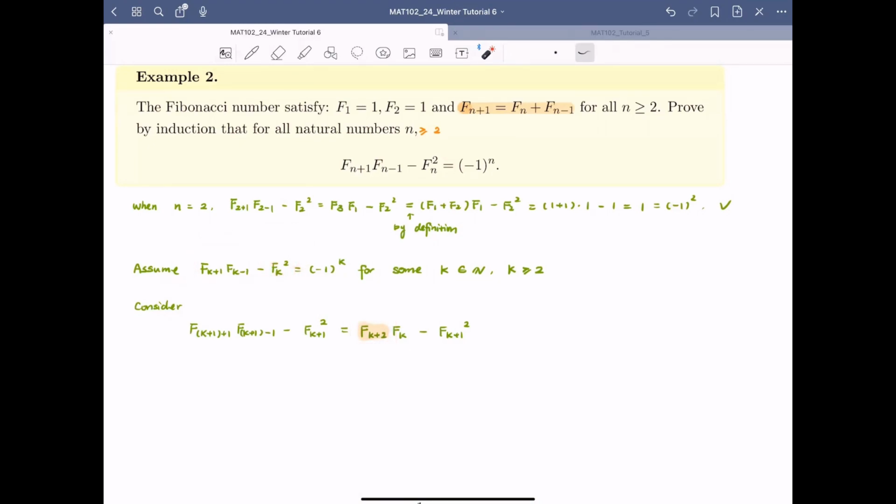So I want it to disappear. In order for it to disappear, I can use my recursive definition. Okay, so let's use it. That's telling me I have f of k plus 1 plus f of k. This is by recursive definition.